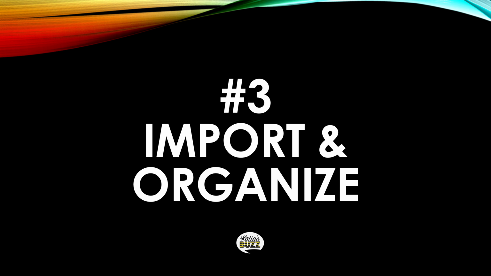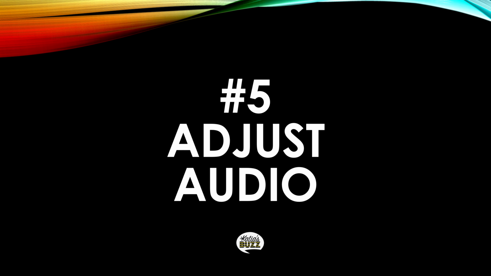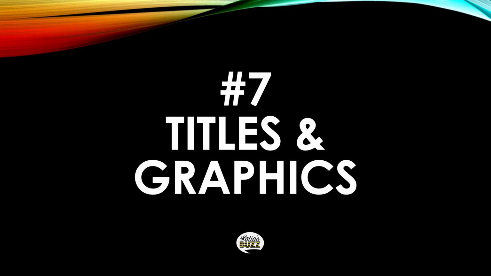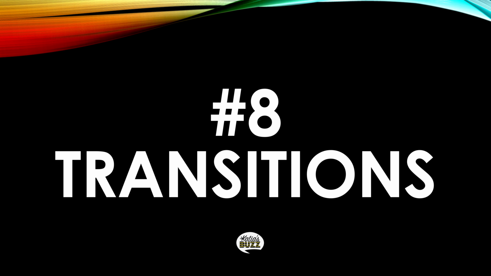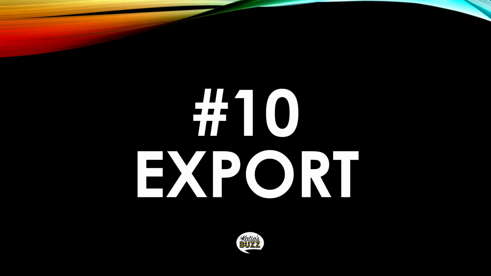Number 3, import and organize your files. 4, create a new sequence. 5, adjust the audio. 6, color correction. 7, add titles and graphics. 8, add transitions. 9, review your project and render all. 10, export. And we're done!